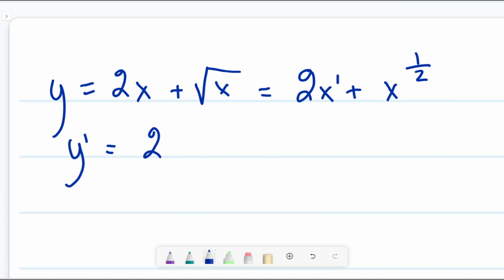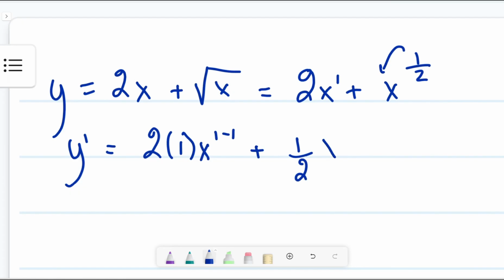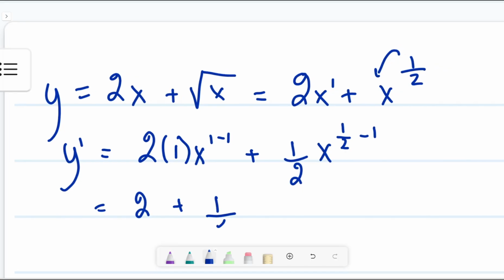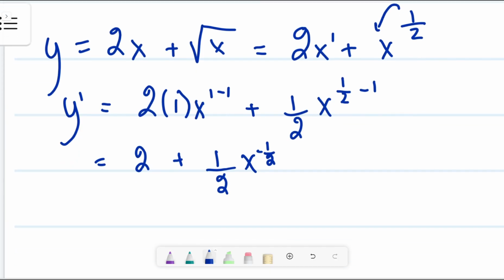This is x to the power of 1, so I drop the power 1, and I get x to the power of 1, and I subtract 1 from the exponent. I do the same thing for the second one. I drop the power, and then I subtract 1 from the exponent. So this leaves me with 2 times x to the power of 0. x to the power of 0 is 1, so I don't have to write it. Plus half times x to the power of half minus 1, which is -half. And this is the answer.